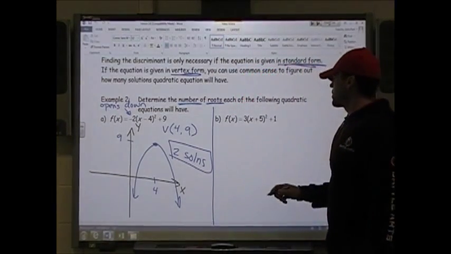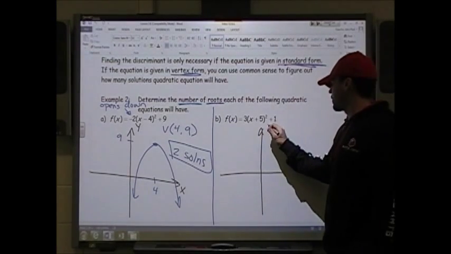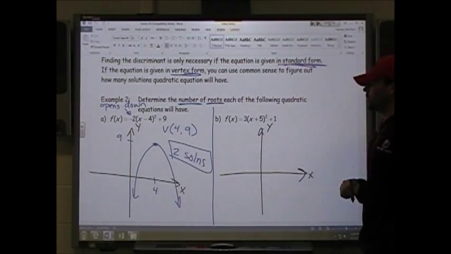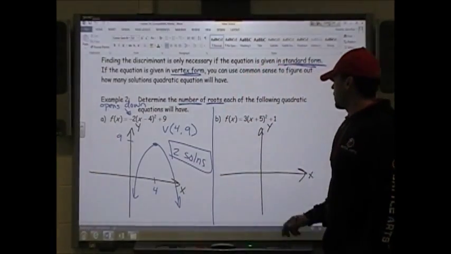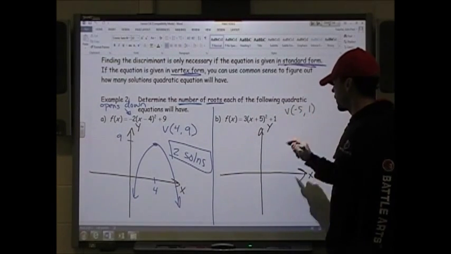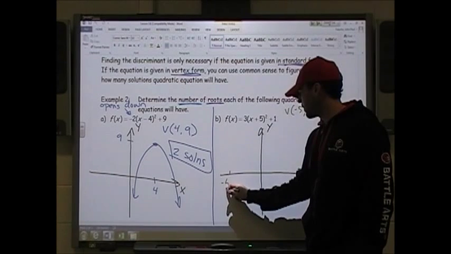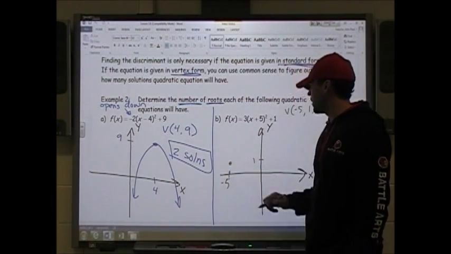If I take a look at this, it's in vertex form, and that's common sense. I don't need to look at the discriminant. The vertex of this thing is (-5, 1). Negative 5 is somewhere here, and 1 is here. So (-5, 1), right there.